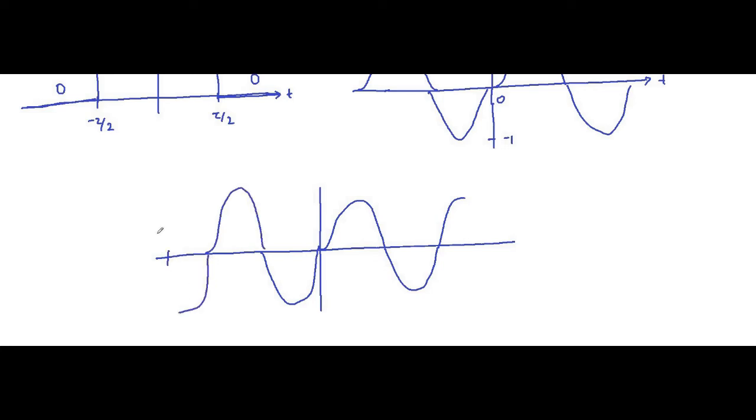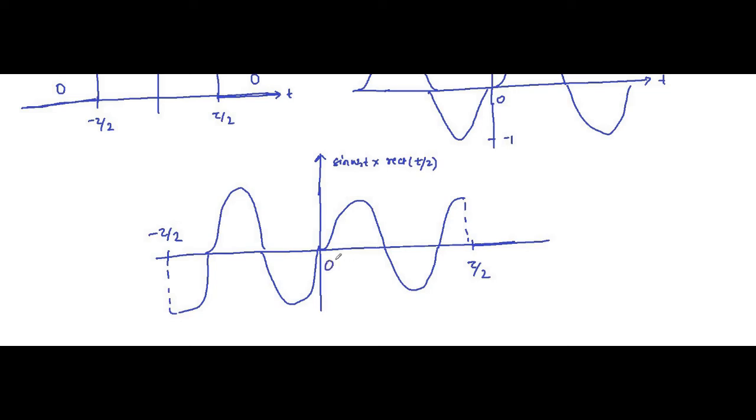Minus tau by 2, here it is tau by 2, and everywhere else it is 0. This is sin omega 0 t multiplied with rect t by tau.